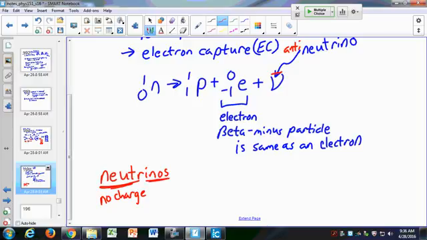What does that mean? I think it's Italian. I'm pretty sure it's Italian. Bambino. You know what that means? It's like small, right? Eno means small. So here, neutrino is just a really small particle that has no charge. It's like a small neutron, a very small particle with very small mass and no charge at all.